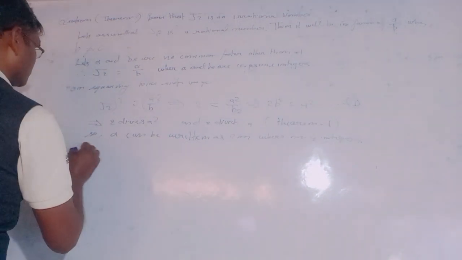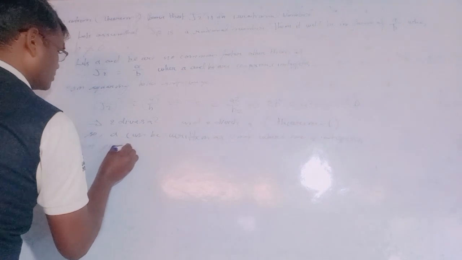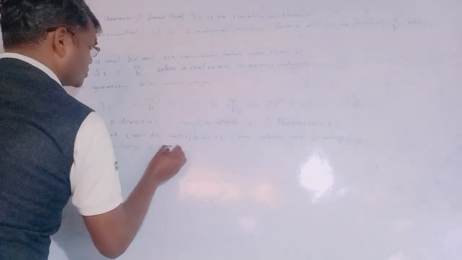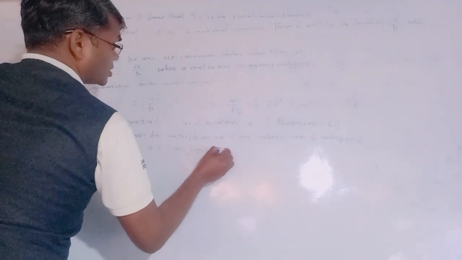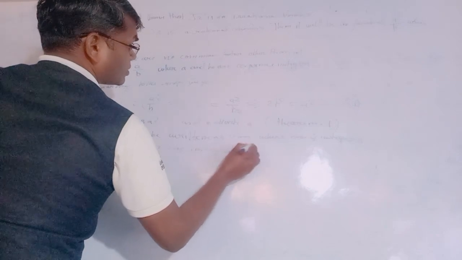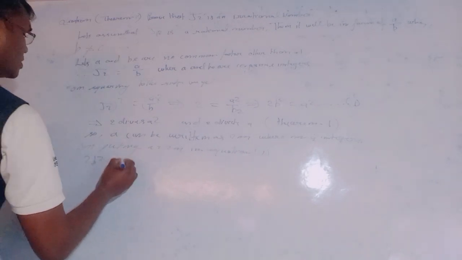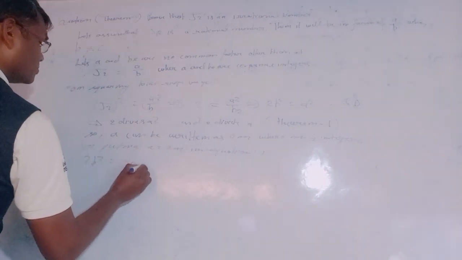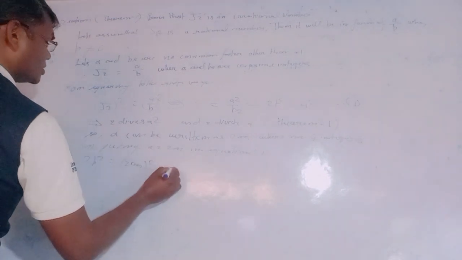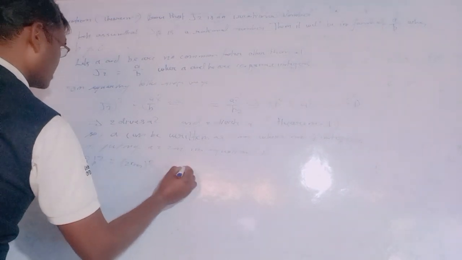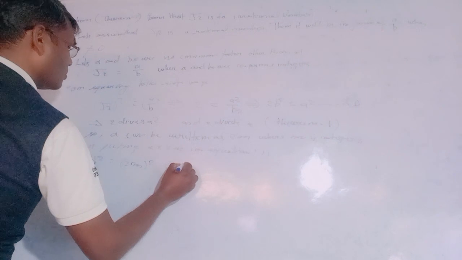On putting a is equal to 2m in equation 1, we get 2b square is equal to (2m) square, which is 4m square.